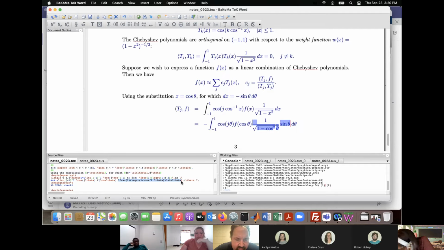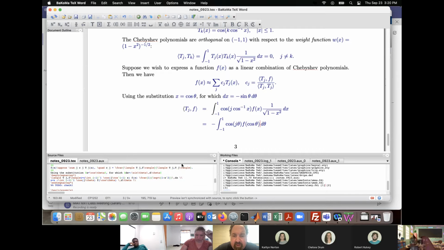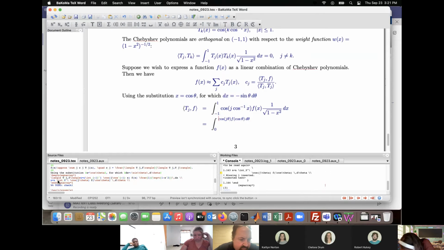So all that just goes away. Also, the limits: if x is equal to 1, then theta is equal to 0. And if x is equal to minus 1, then theta is equal to pi. So here I'm going to have pi, and here I'm going to have 0. But I can flip the limits by changing the sign. So the minus goes away, and I have 0 to pi.